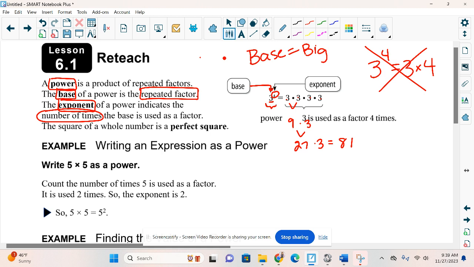Now, we can punch this into your calculator to be able to do this really quick. So what I want you to do is everybody take your calculator so you can do it with me. Because if you don't learn how to do it on this calculator, you're going to have to do it the long way, which takes a lot of time and sometimes it's easy to mess up. So if I wanted 3 to the 4th power, I would punch in the number 3. And then there's a mountain button.